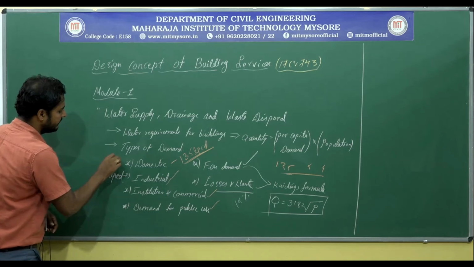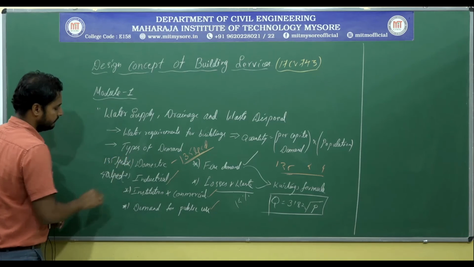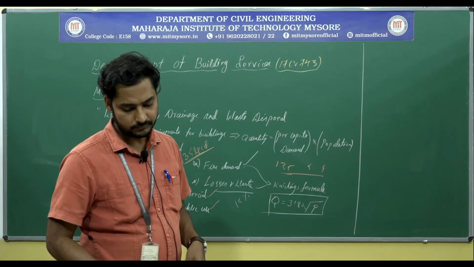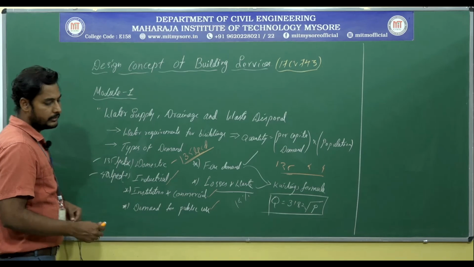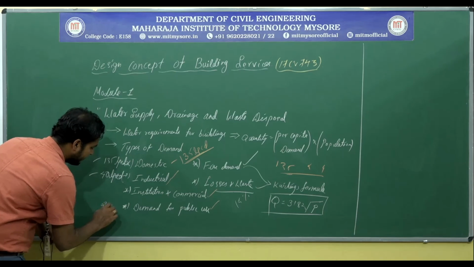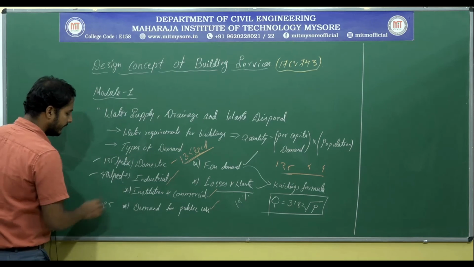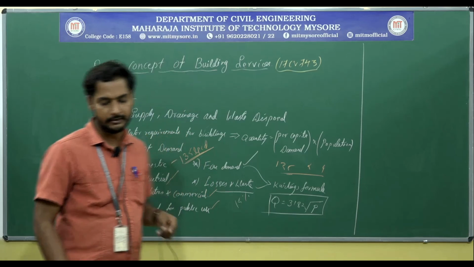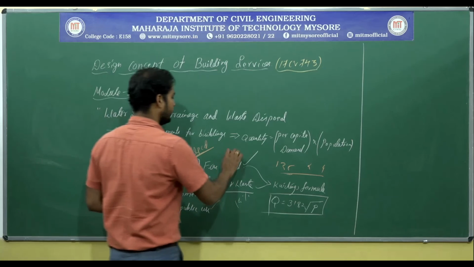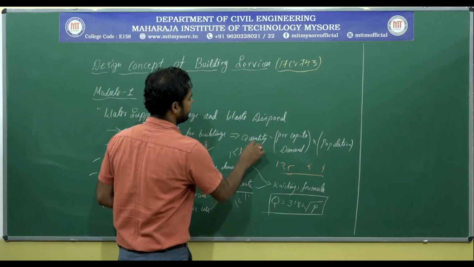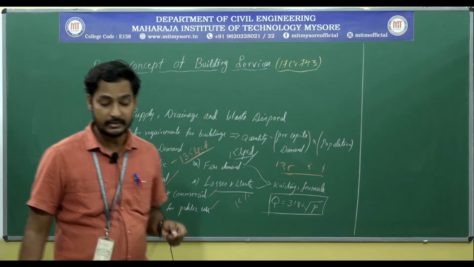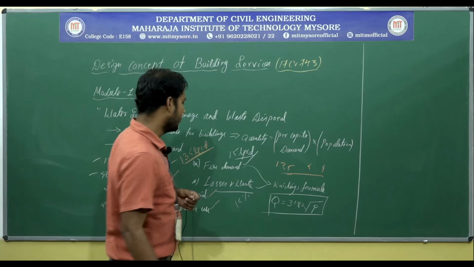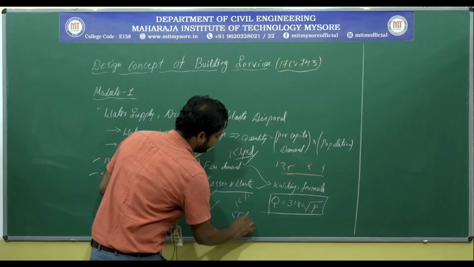Then for industries we have 40 LPCD, for public demand 25 LPCD, and for institutional buildings 25 LPCD. Similarly for fire we have 15 LPCD, that is per person per capita per day. Then for losses and waste around 55 LPCD.